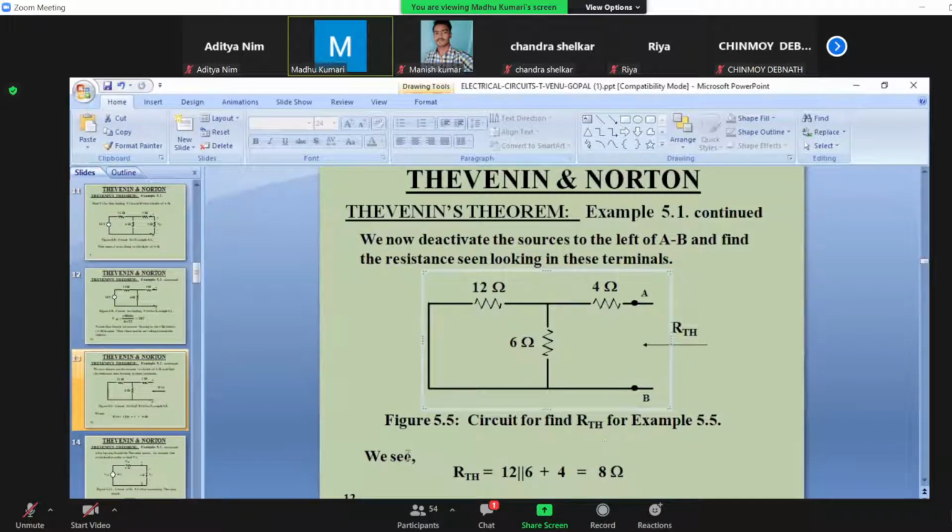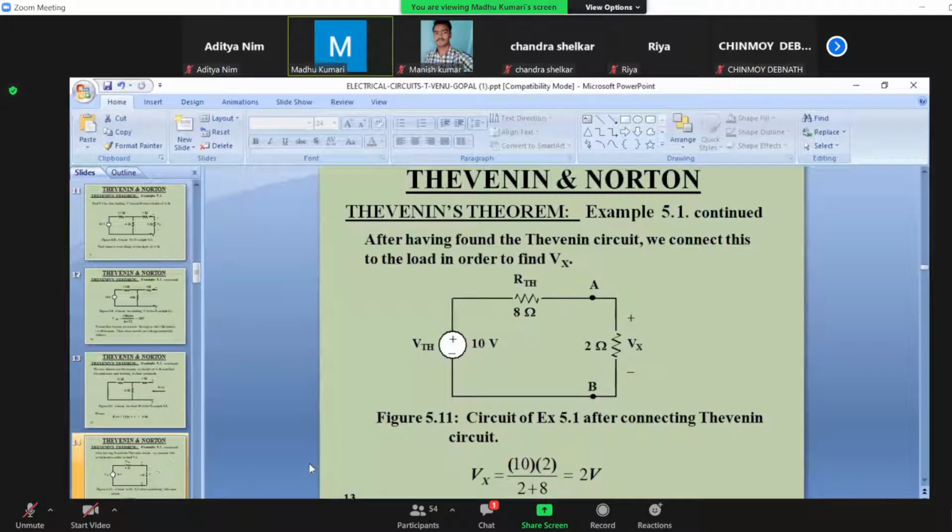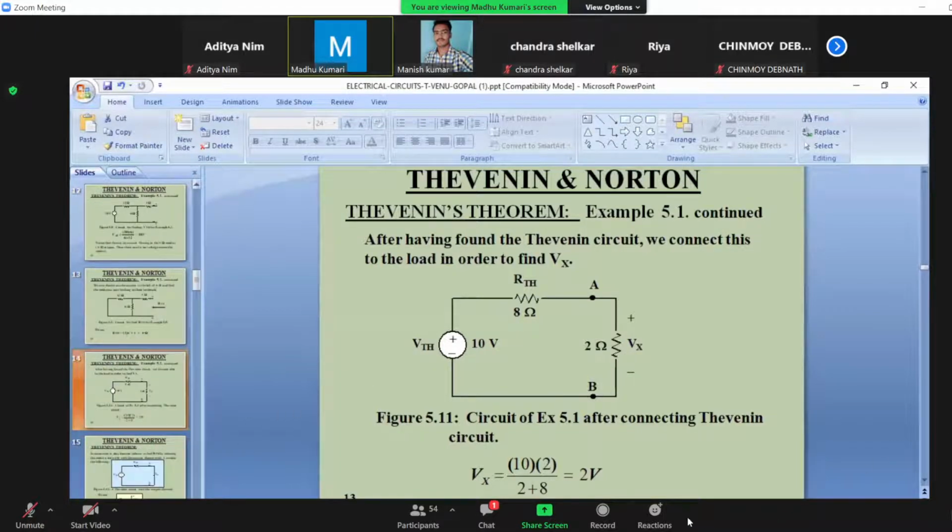Now calculate the open circuit voltage at this point. I have given the voltage division rule in the past notes. Do you remember? Have you gone through it? Voltage is directly proportional to resistance when in series.